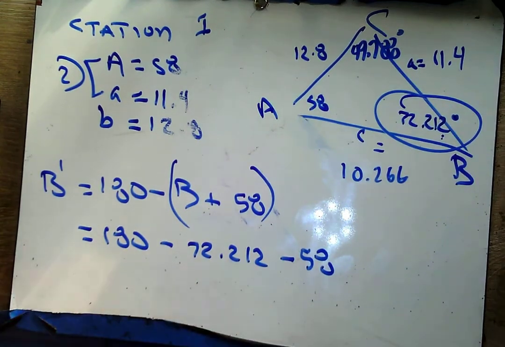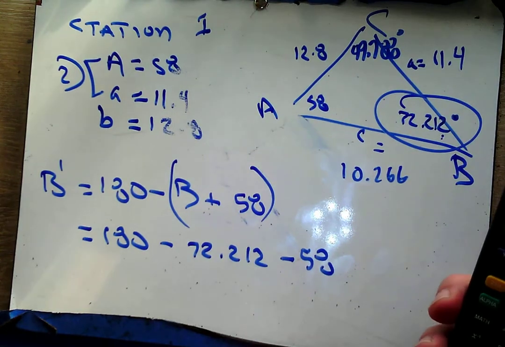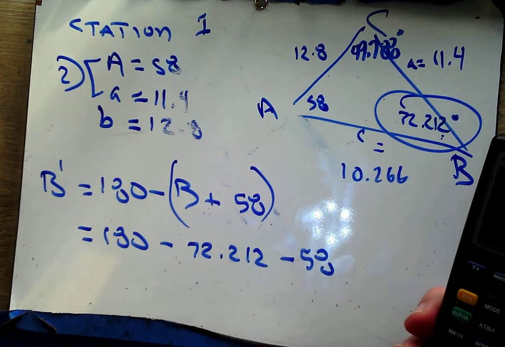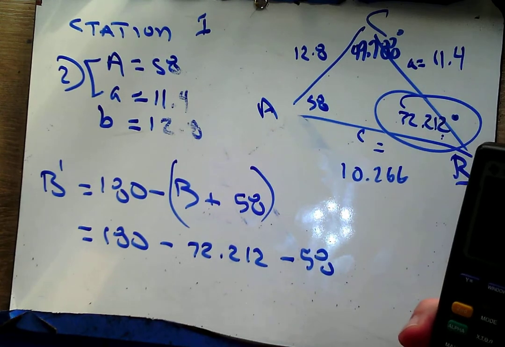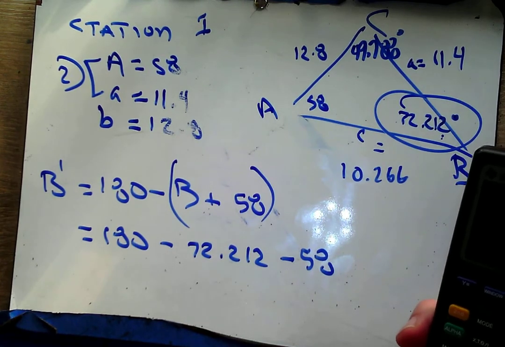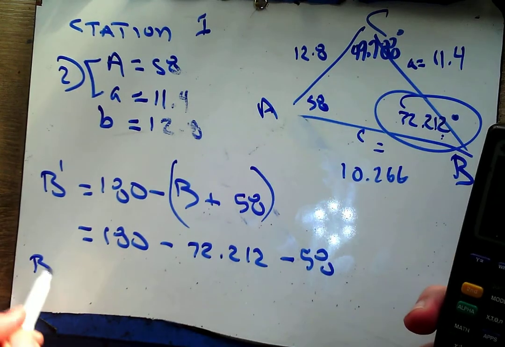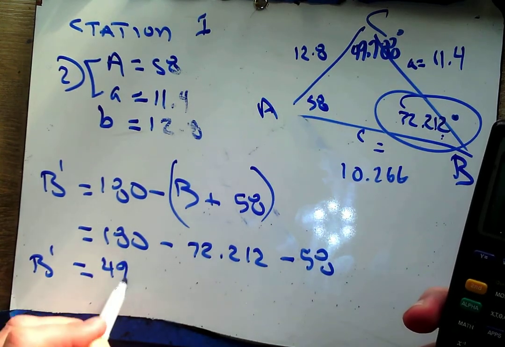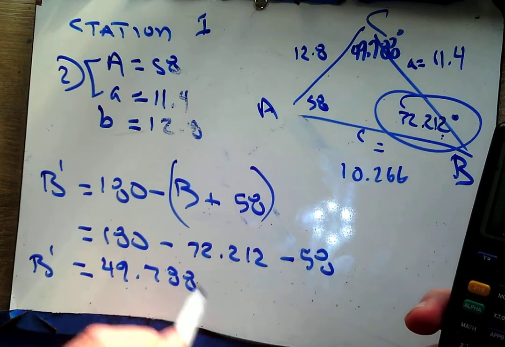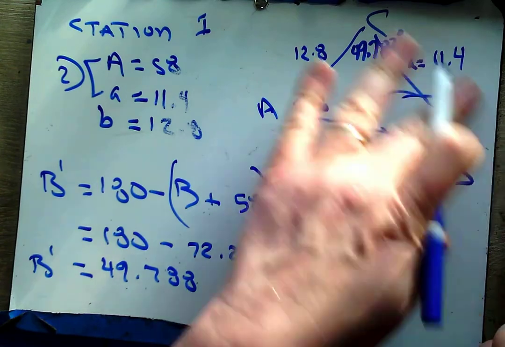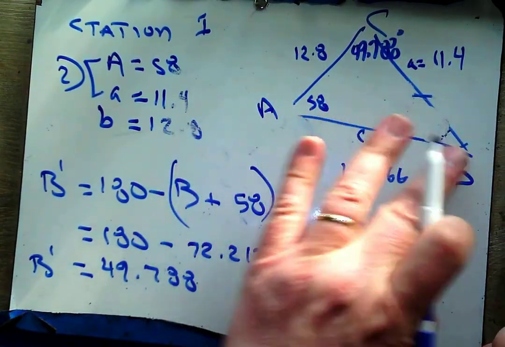Well, that's going to be a positive number. 180 minus 72.212 minus 58. Look at that. I've got a B prime, 49.788.